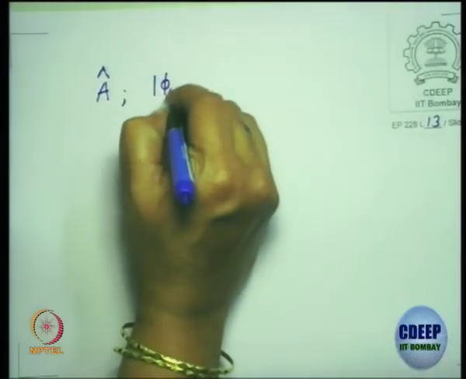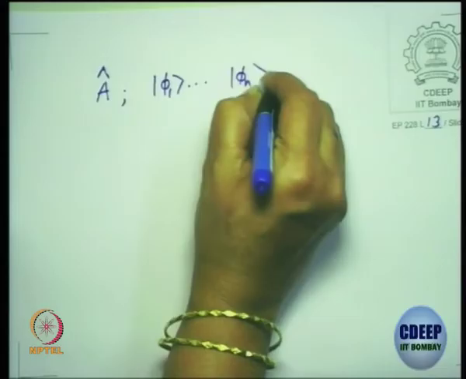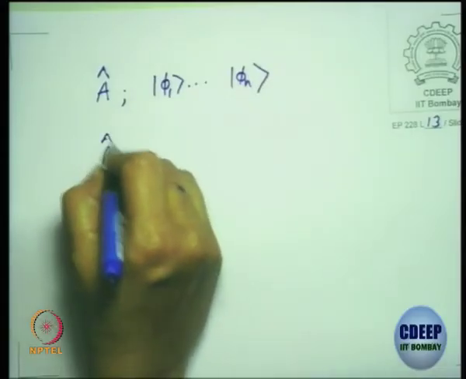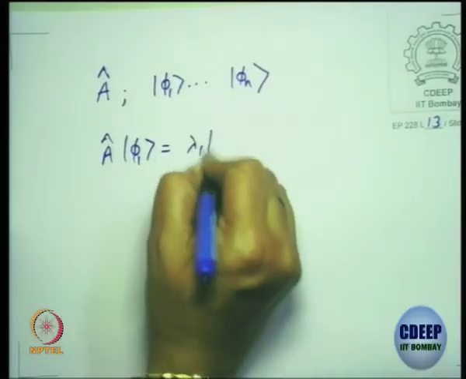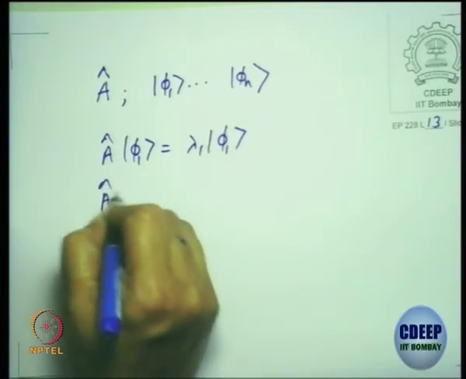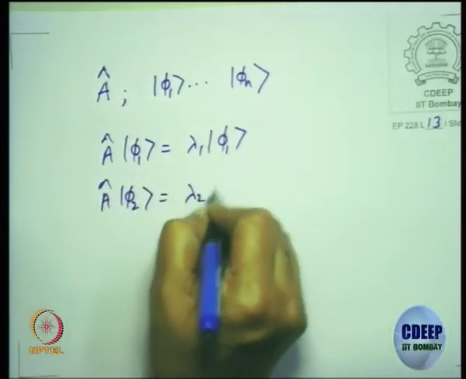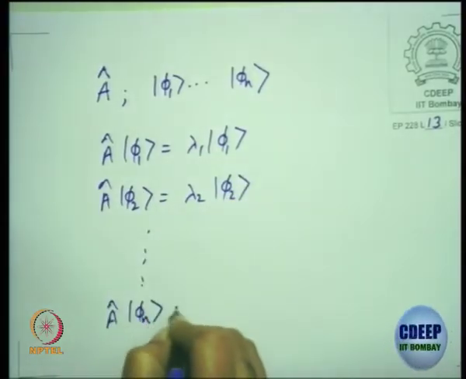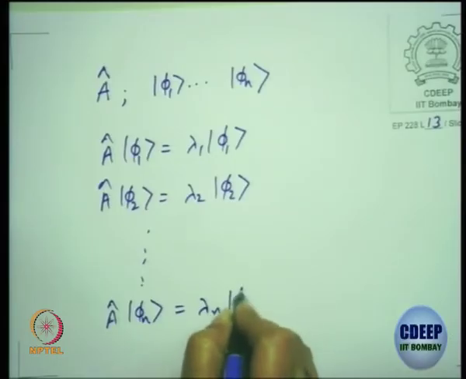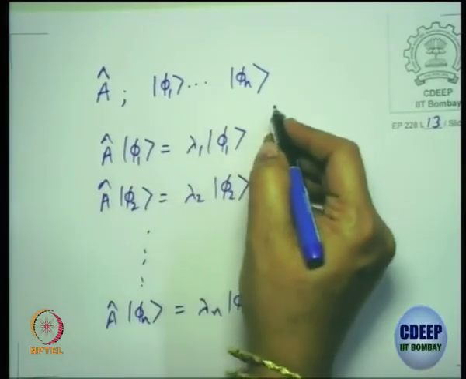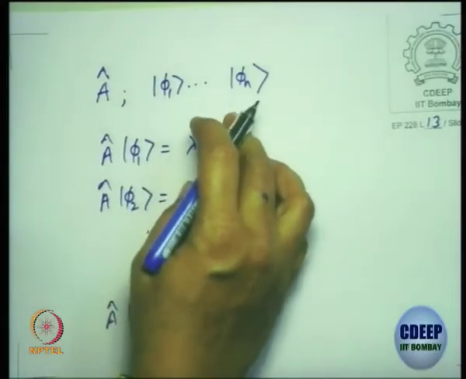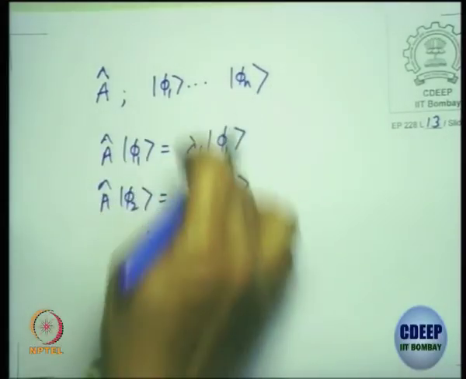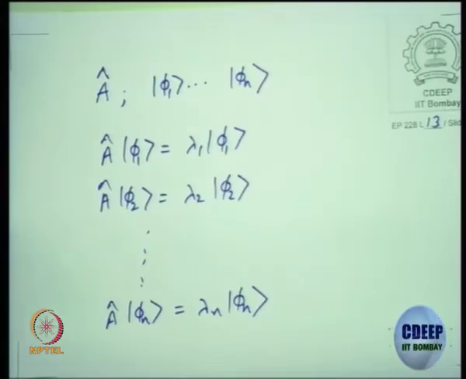So, whenever I give you an operator A, you can try and say that I would look at a complete set of bases phi 1 till phi n, and A on phi 1 is lambda 1 phi 1, A on phi 2 is lambda 2 phi 2 and so on. Then what is this basis called? This is a complete set of bases. If it so happens that the A operator on this basis gives you an eigenvalue equation, then we call this the eigenbasis of the A operator, and the set of eigenvalues are this.